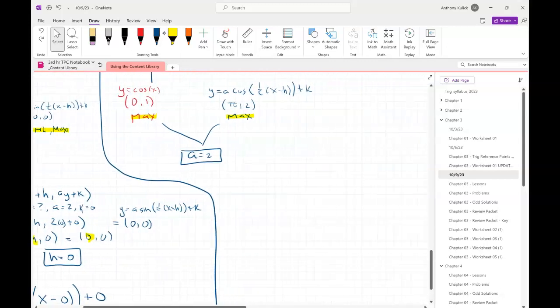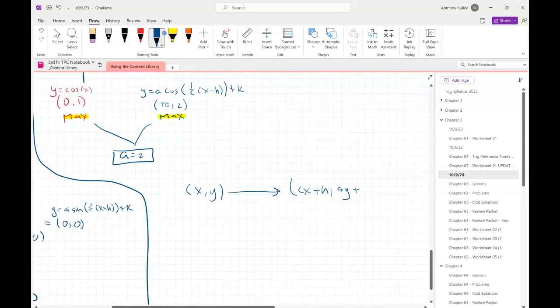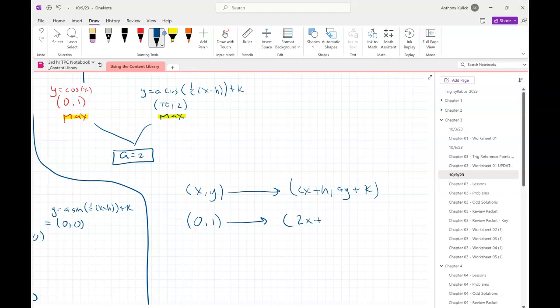And now we're going to do the same thing. So, we can transform any point from our parent function by doing cx plus h, ay plus k. Our point from our parent was the point (0, 1). So we're going to have 2x plus h, which we still don't know, 2y plus 0.